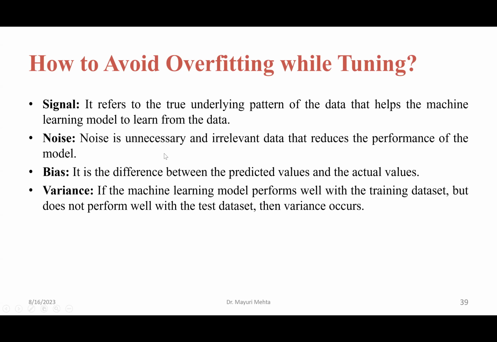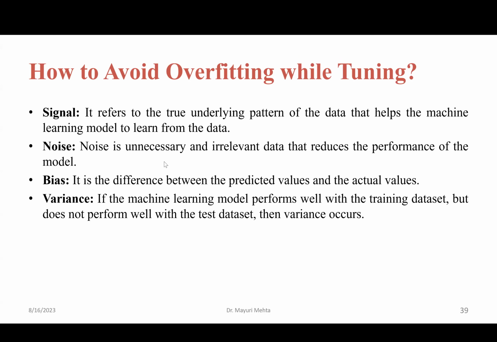Now, what is bias? Bias and variance are very important terms related to a model. Bias refers to the assumptions made by a model to make a function easier to learn. In simple terms, it is actually the error rate of the training data.